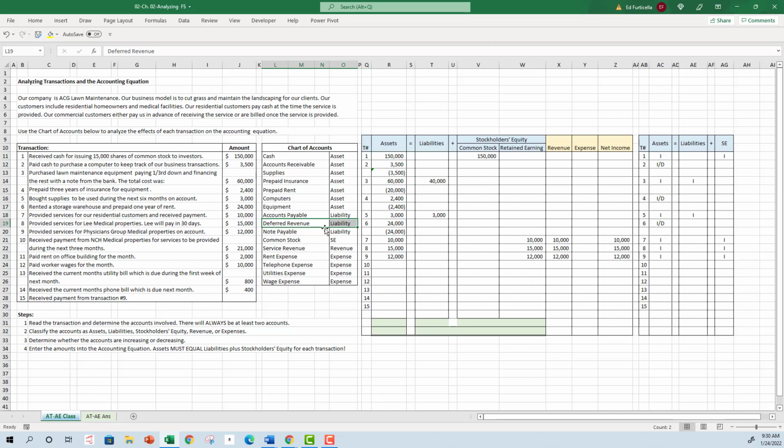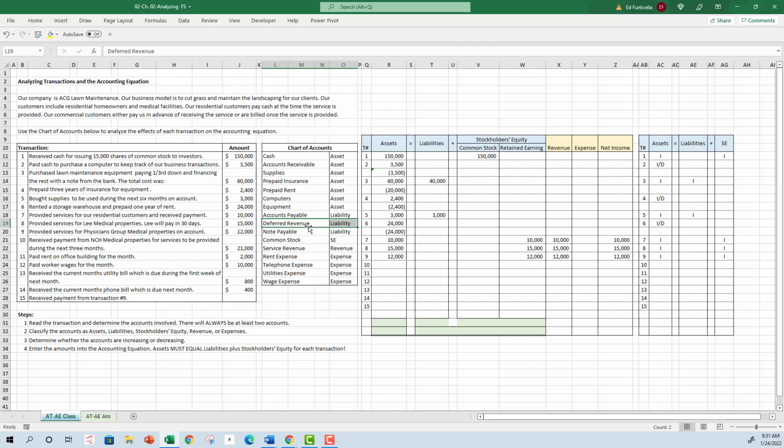The account deferred revenue is used to represent the fact that we owe NCH Medical Properties $21,000 of lawn maintenance services. No revenue is recognized at this time. It will only be recognized once we actually provide the service.